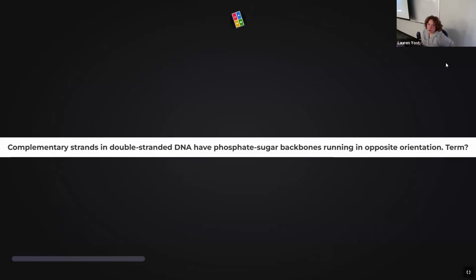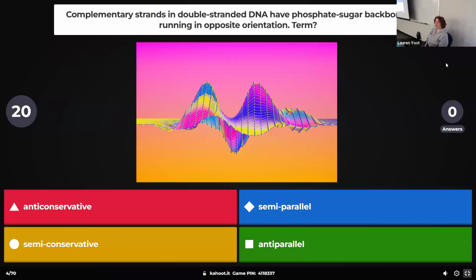Complementary strands in double-stranded DNA have phosphate sugar backbones running in the opposite orientation. What is the term for this? The backbones are all going in opposite directions.